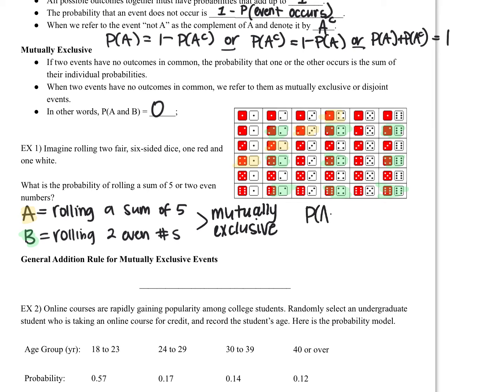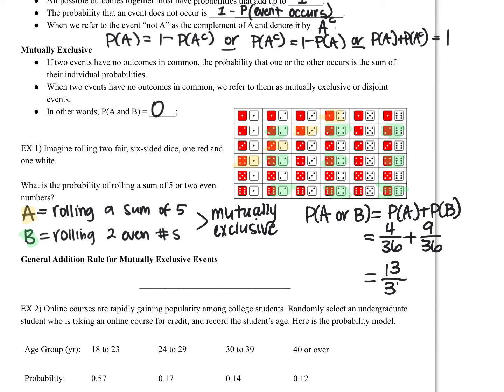So the probability of A or B is the probability of A plus the probability of B. In this case, the probability of A, rolling a sum of 5, was 4 out of 36, plus the probability of B, so 2 even numbers, is 9 out of 36, giving us a probability of 13 out of 36, which cannot simplify, so that is our final answer.